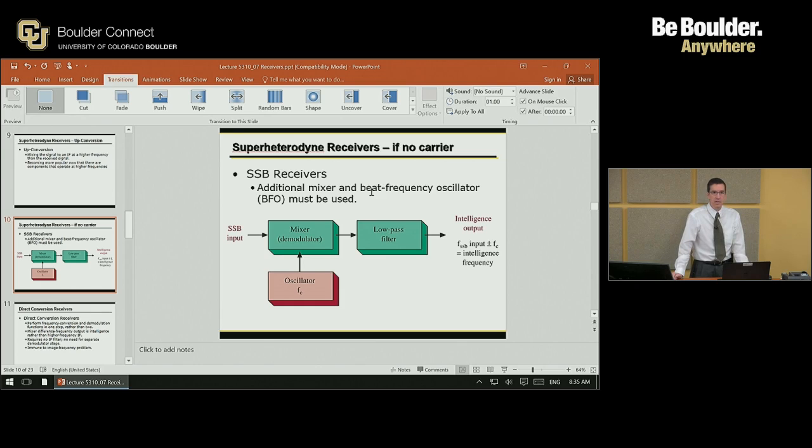In, say, emergency responder radios that happen to be single sideband, they've put circuitry in there to track where that is, and they do that tuning automatically. So it has an additional mixer and a frequency beat oscillator to tune it to the right signal, and then it goes through a low-pass filter, and you get your information signal back out.